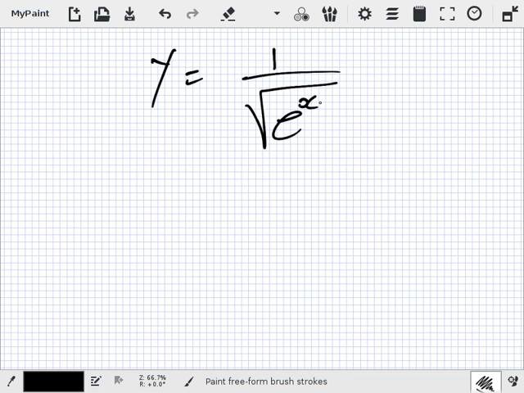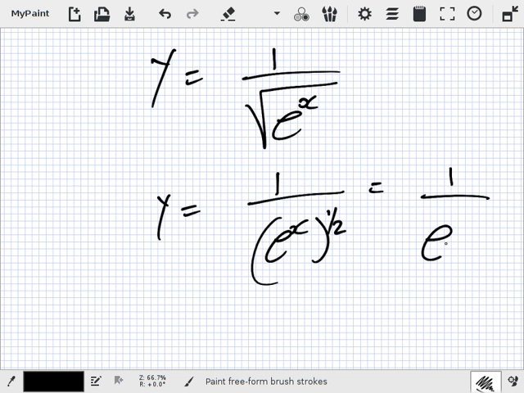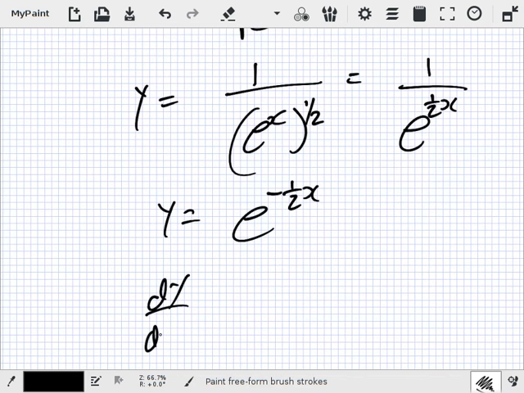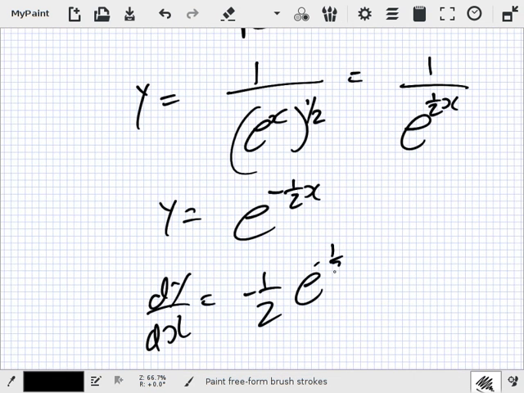What I'll do first is I'll just change this into e to the power of a half x, which is equal to 1 over e to the power of a half x, which is equal to e to the power of minus a half x. Now I do have a rule, don't I? I have a rule for e to the nx. So the answer will be minus a half e to the minus a half x, which is actually just minus 1 over 2 root e to the x.